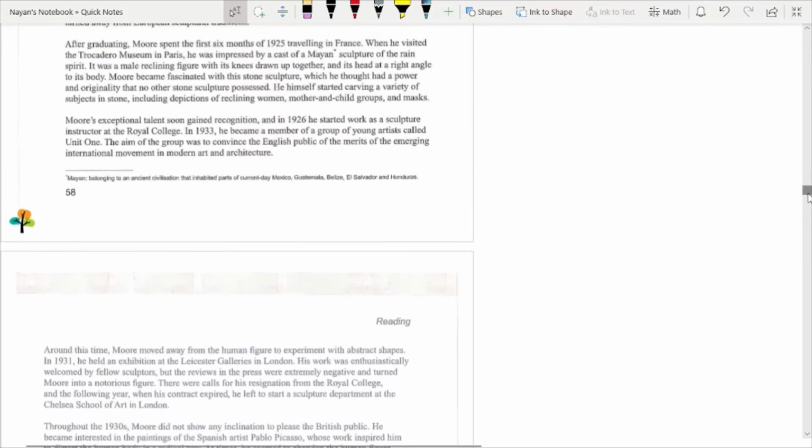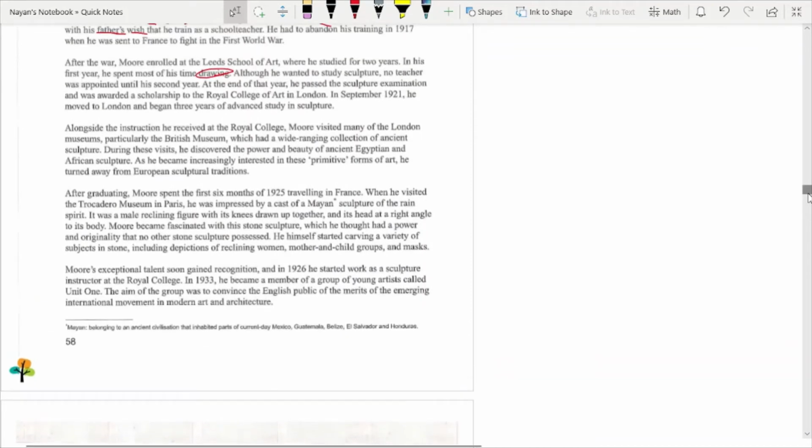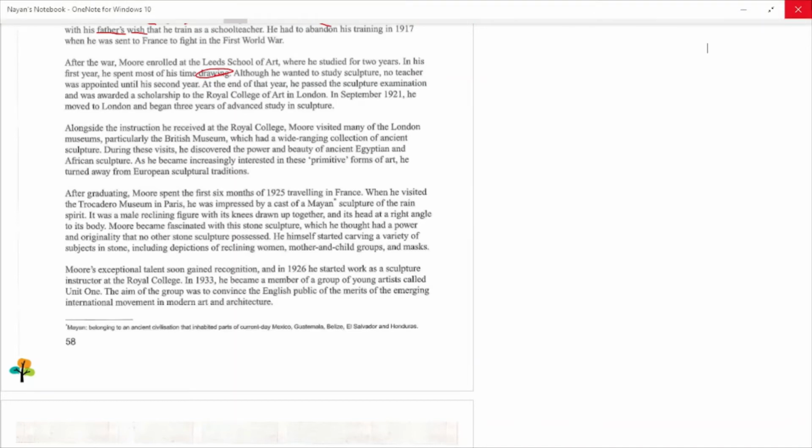Okay, so here they have mentioned, alongside, and it will be after this line only, drawing one. Although he wanted to study sculpture, no teacher was appointed until at the end of that year he passed the sculpture examination and was awarded a scholarship. There is no information mentioned regarding the school, whether it's excellent or whether it's not good.